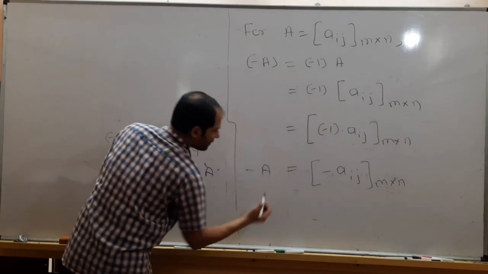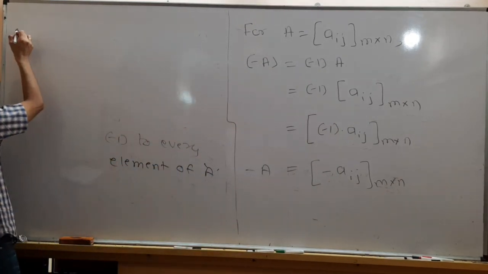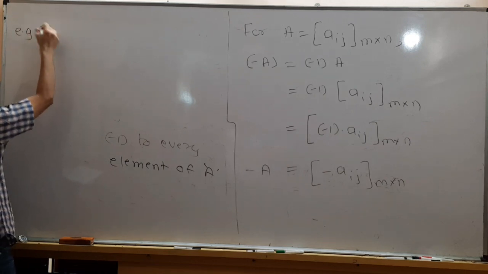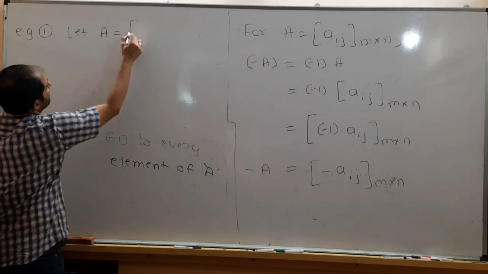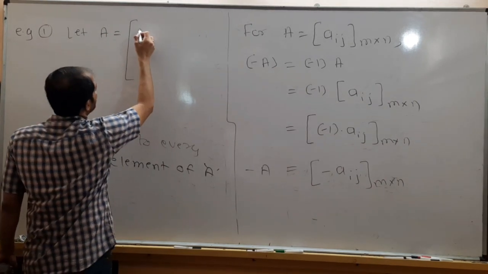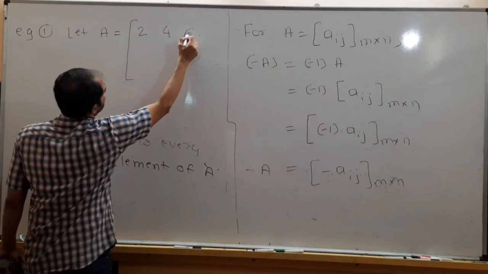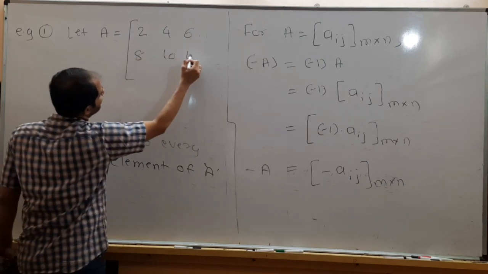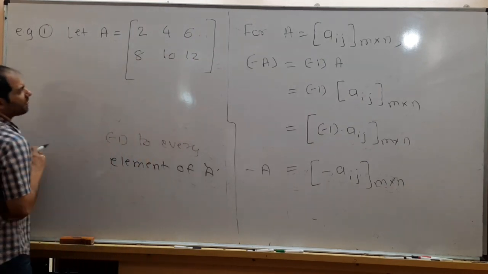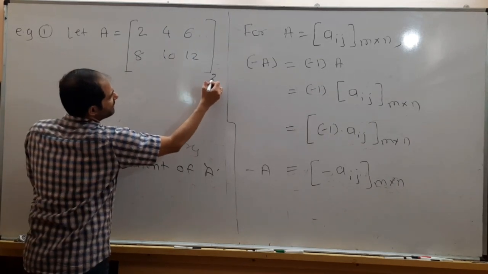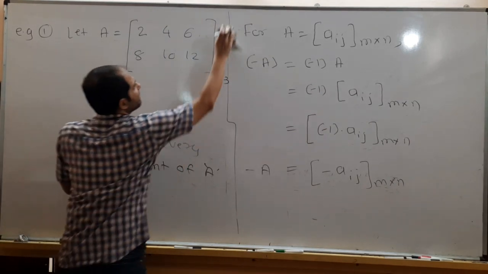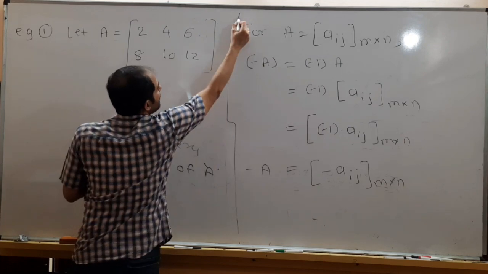Let me give you one or two examples. First, let A is equal to 2, 4, 6, 8, 10, 12, of order 2 cross 3.